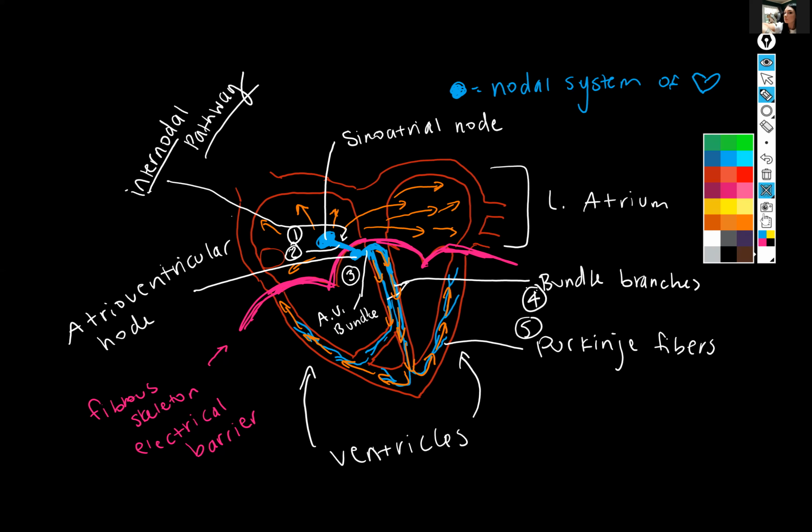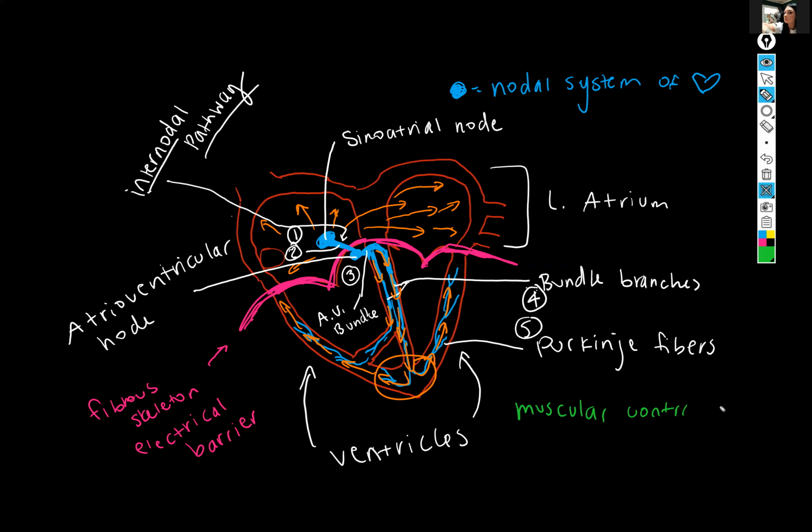So this phenomenon where the impulse travels down the interventricular septum first and only then has this turnaround point right here, that is critical because muscular contraction must follow depolarization.